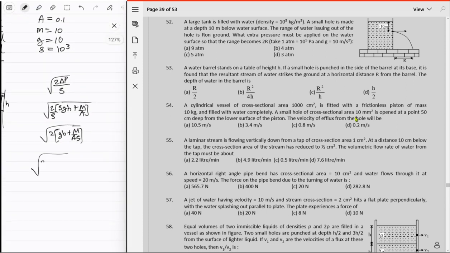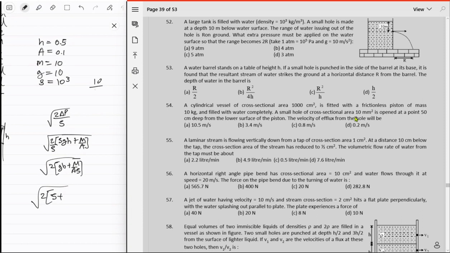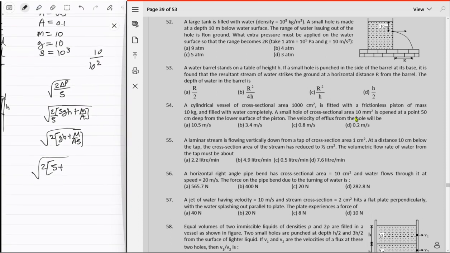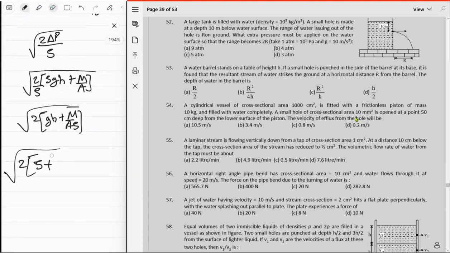Square root of 2 times 5 plus M upon A rho, which is 10 upon 0.1 times 10 power 3, so 10 power 2, just 1 upon 10. So 5.1 over here.